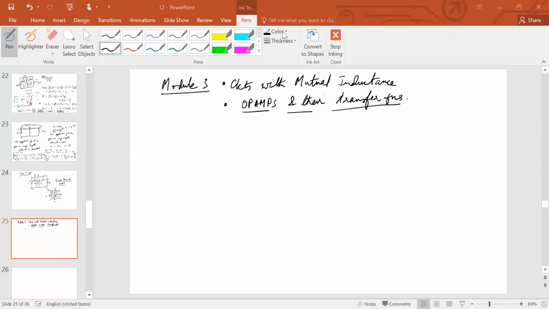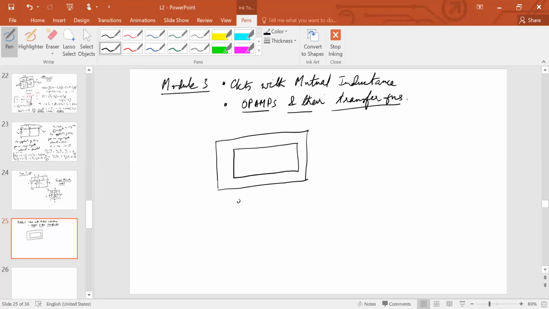Suppose you have a magnetic circuit like this. Suppose this is the core. And suppose this is a winding.